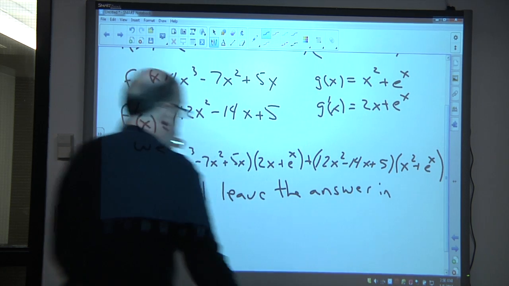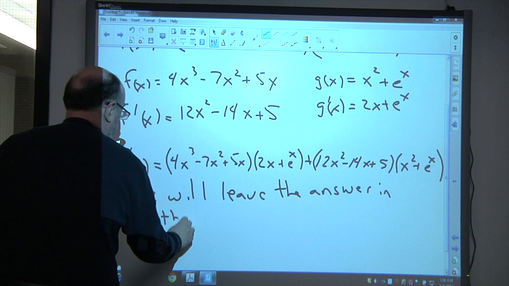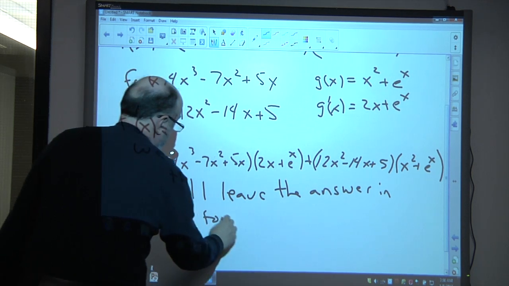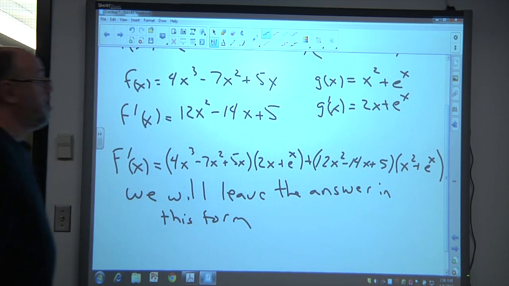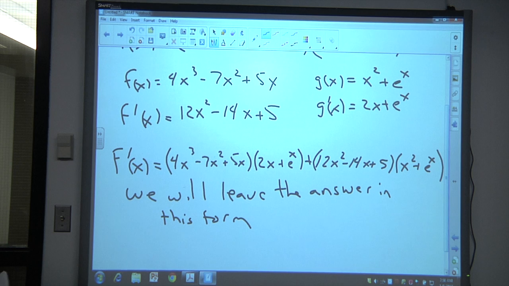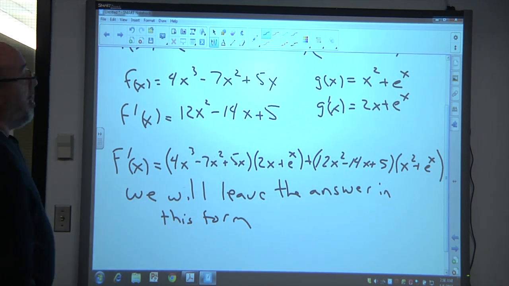So you don't have to worry about multiplying this all out, combining, simplifying, and all that. But again, if I gave you a value of x, you can find the slope for this curve at a particular point. So that is the product rule.